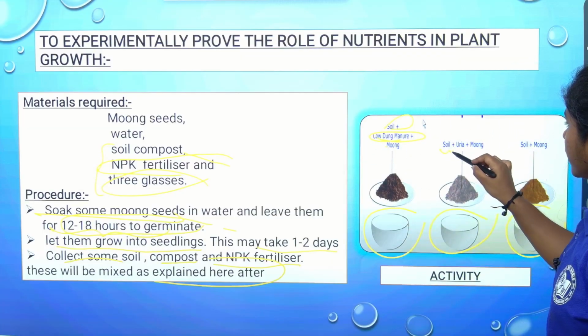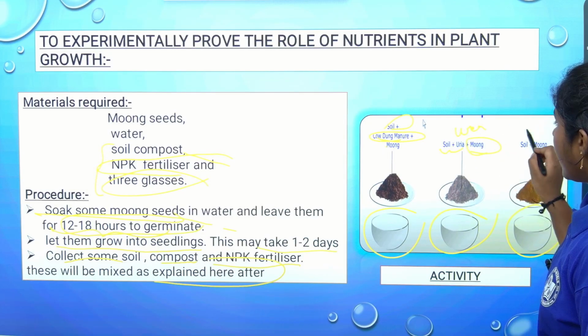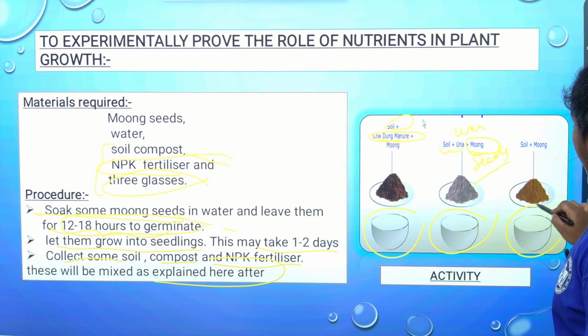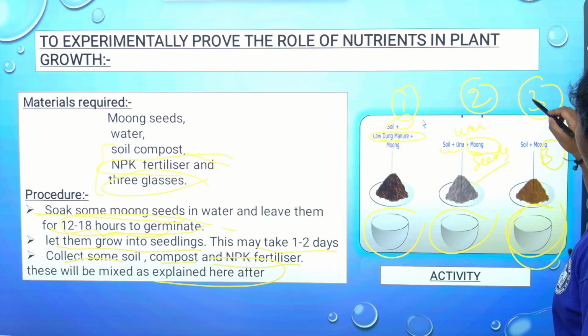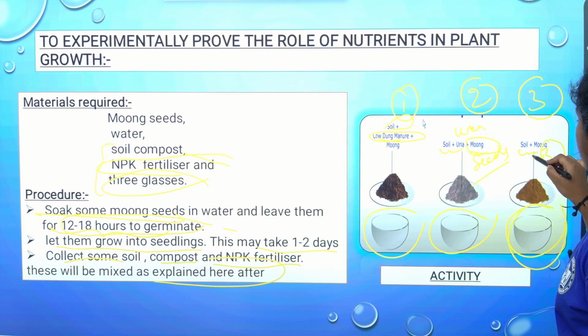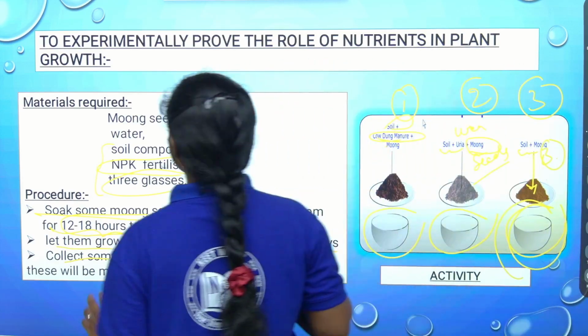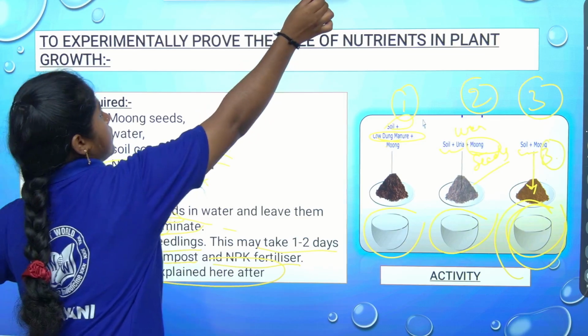Next I made soil, urea and seeds. Right children? In the third pot, I mixed the soil with seeds and kept it in another pot. This is what I did in the experiment. See the results, what will happen.